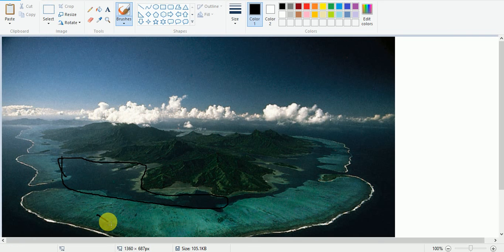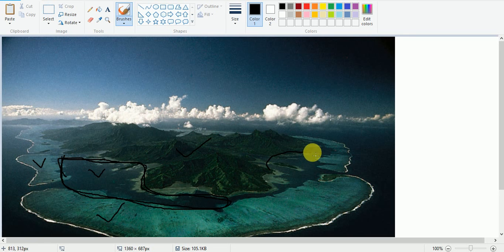So these are the barriers, maybe formed by sandbars or by corals, and this is the main island. And since sandbars or corals are enclosing these seawater areas, this enclosed area is known as lagoon. Okay, so this is an example of lagoon.